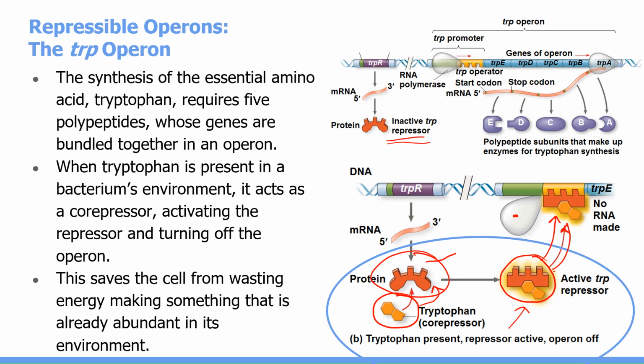RNA polymerase is constantly making that tryptophan. Once that tryptophan is abundant, that tryptophan molecule is then considered a co-repressor, binding and activating that repressor protein, and that repressor protein can go and bind to that operator, blocking RNA polymerase.